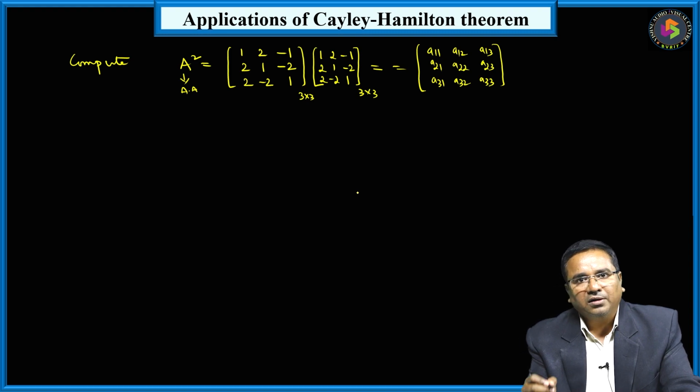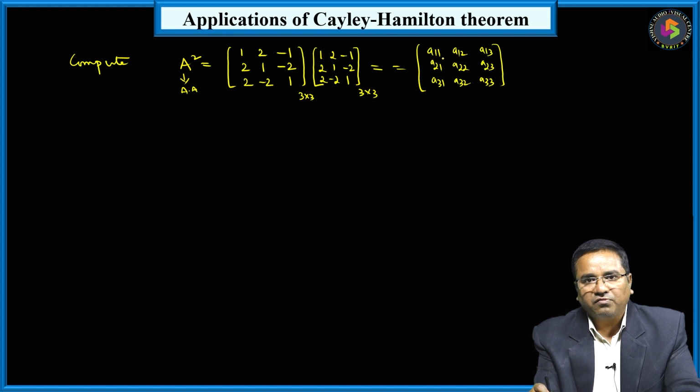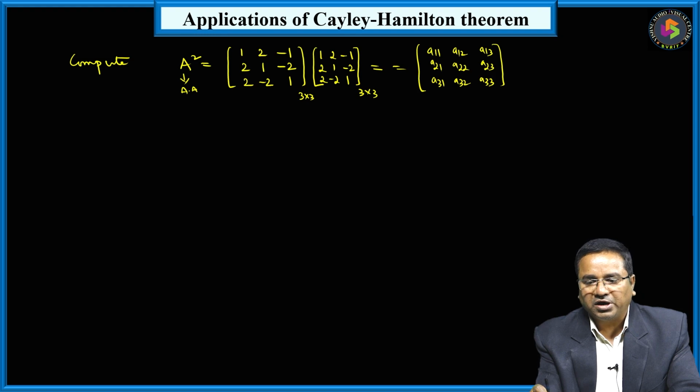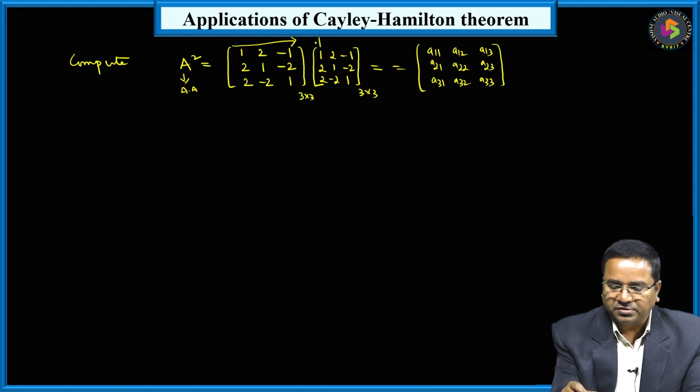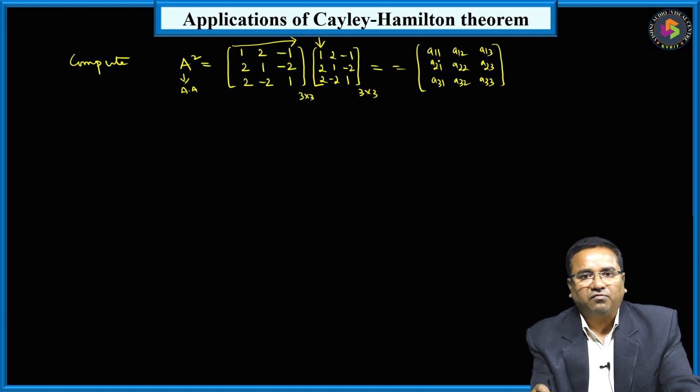Then how to get the entries of the resulting matrix? Just look at this one. Here A11 is obtained by the first row of the first matrix multiplied with the first column of the second matrix. Then how to get this A12?